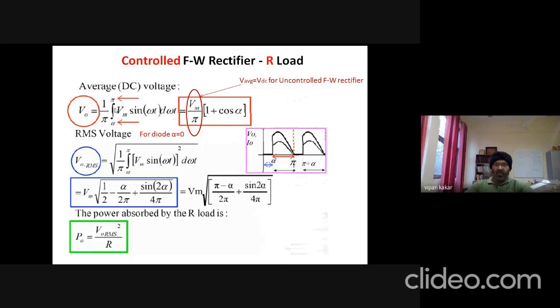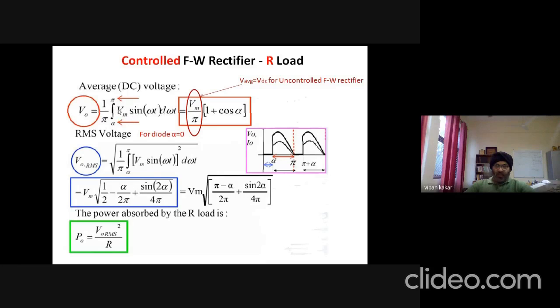This is the instantaneous voltage, Vm sin omega t, from alpha to pi, because omega t continues from 0 to infinity, but from 0 to alpha we have 0 output, so no need of writing this. So from alpha the output starts to develop at the load. From alpha to pi, we have one wave at the output, so one pulse at the output.